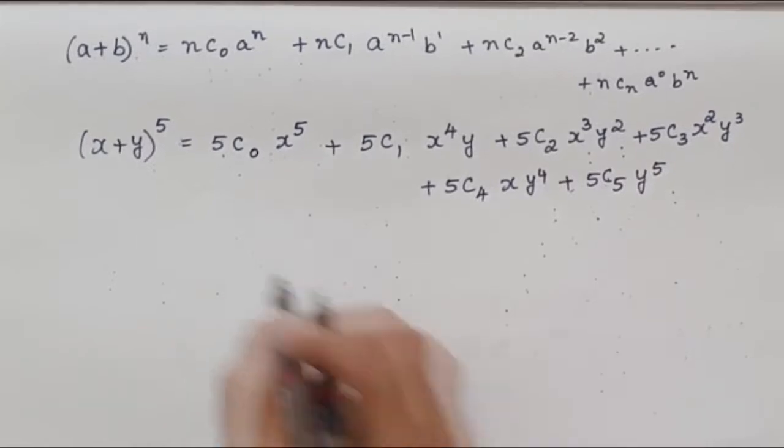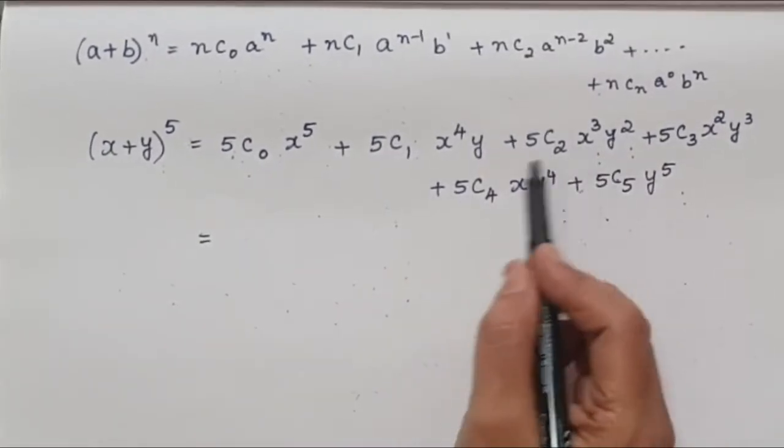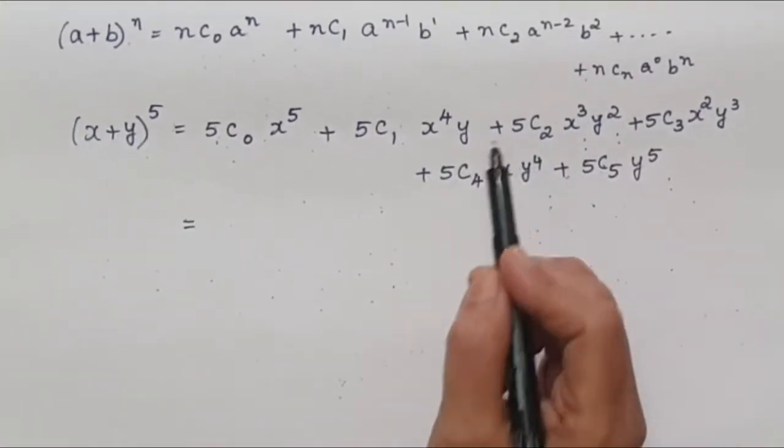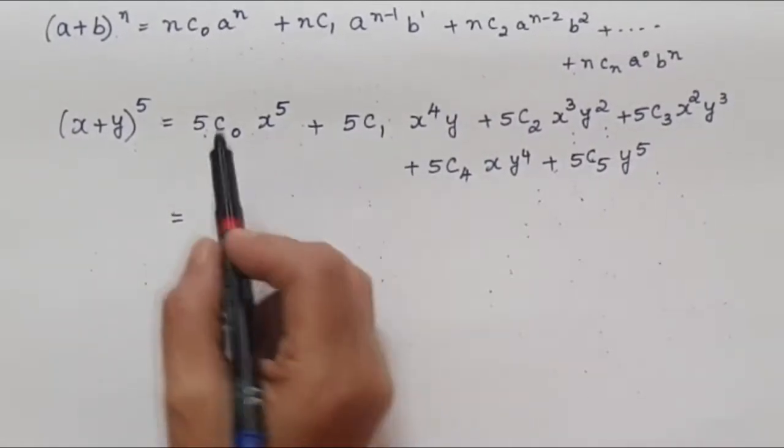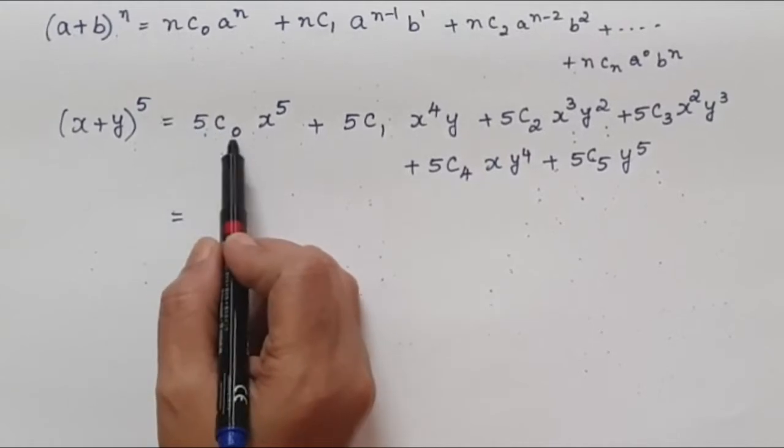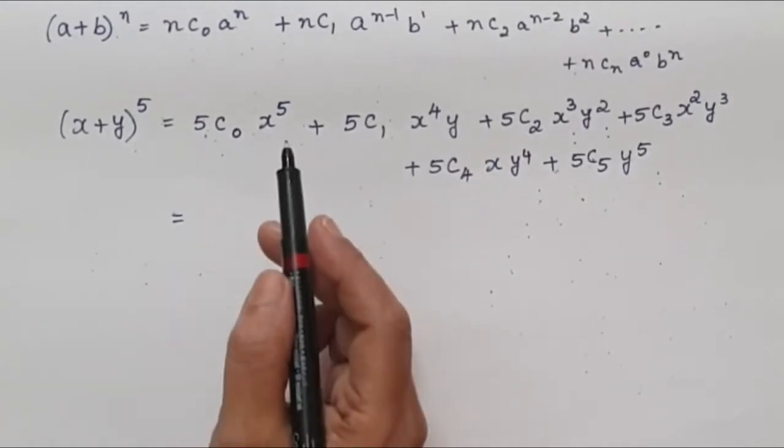These binomial coefficients can be calculated with your calculator as well, without using the formula or Pascal's triangle. You can just insert the value of 5C0 in the calculator and get it directly.